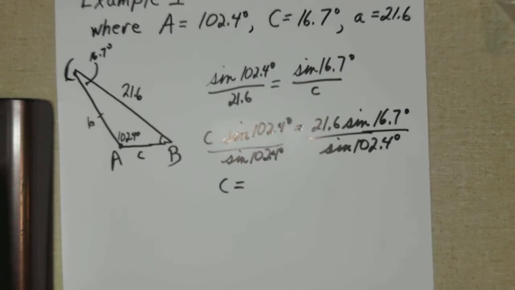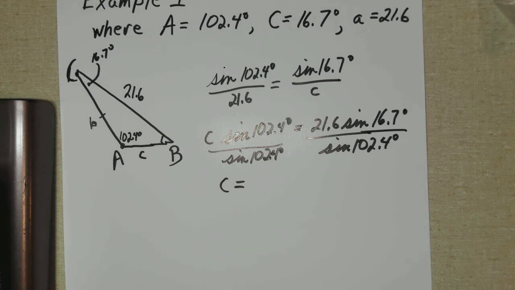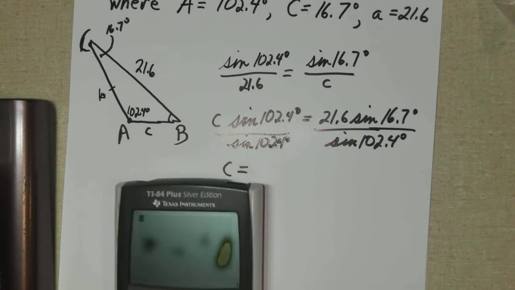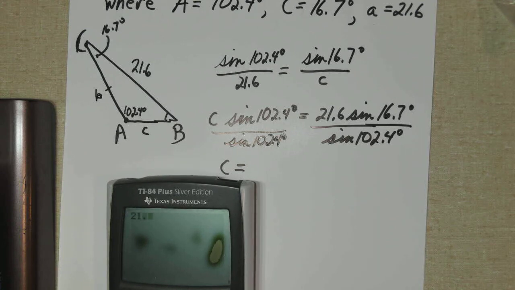I'm going to divide that out, and that gives me 21.6 times the sine of 16.7 divided by the sine of 102.4. Be sure you're in degree mode, not radian, when we're solving triangles.